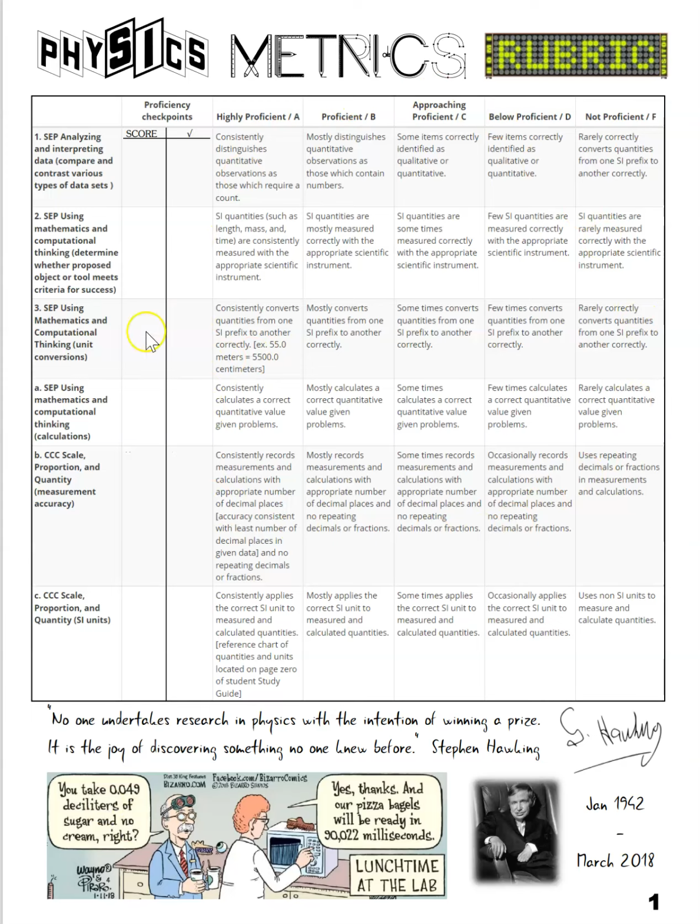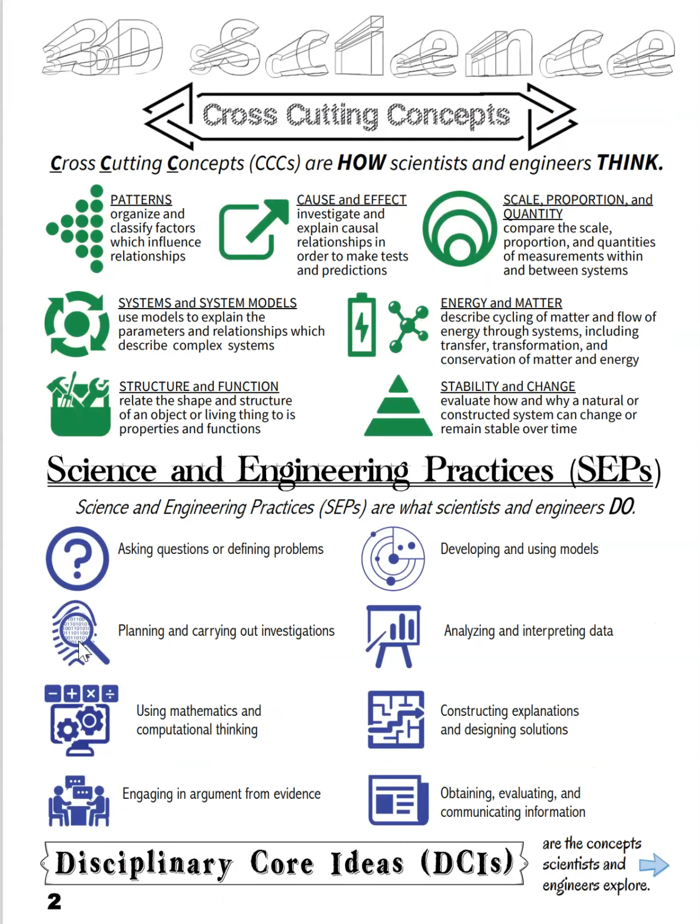This is your study guide for the study guide. So this is telling you exactly what you need to do to demonstrate these higher proficiency levels. These are the categories that will show up in PowerSchool to let you know what your proficiency is in physics.